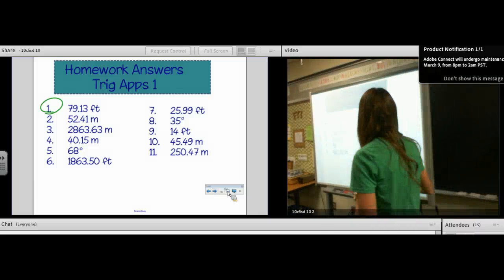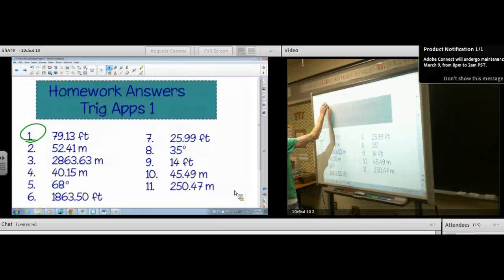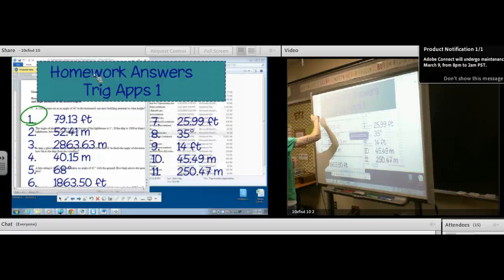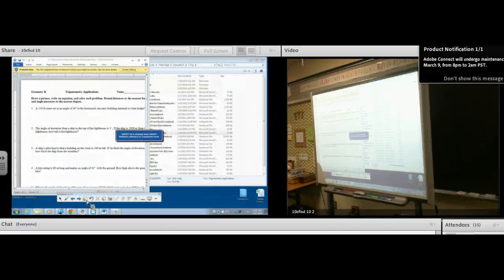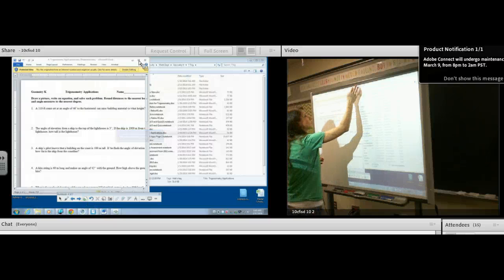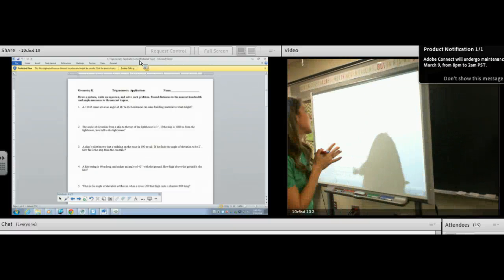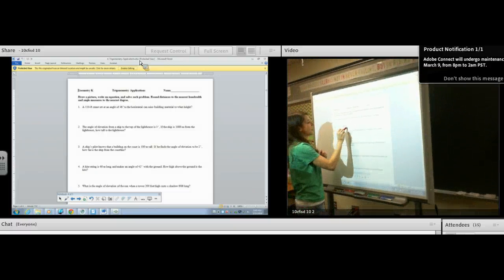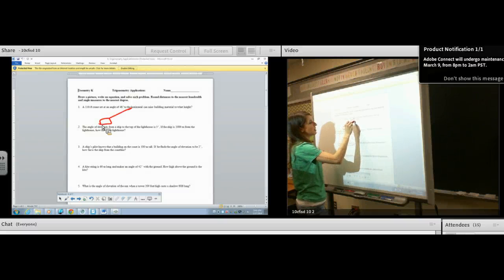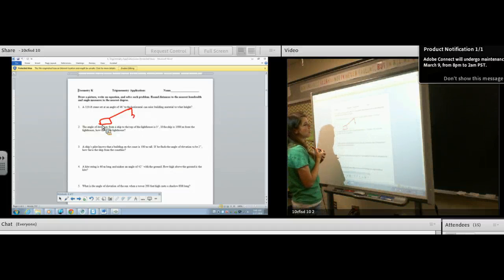Okay, number 1 from the Trig apps worksheet. We've got a crane. And some people had trouble with this problem because they couldn't picture what a crane looks like. You've got the base of the crane, and then it tilts over like this, and it's got a string with a little hook on it that it picks things up with.